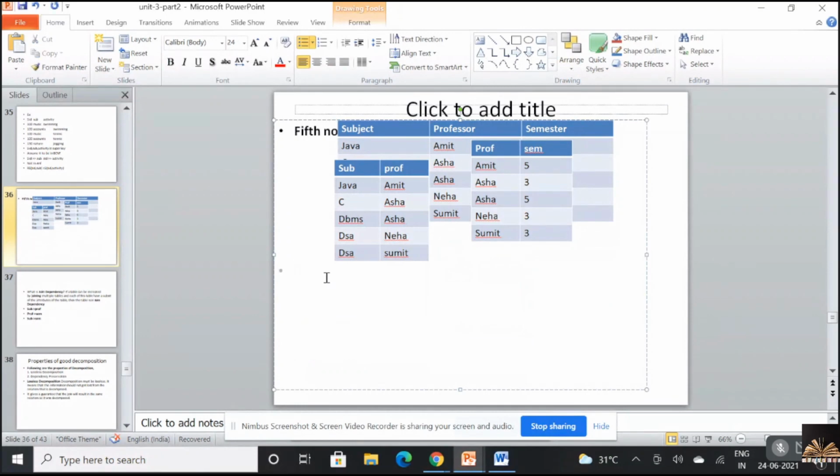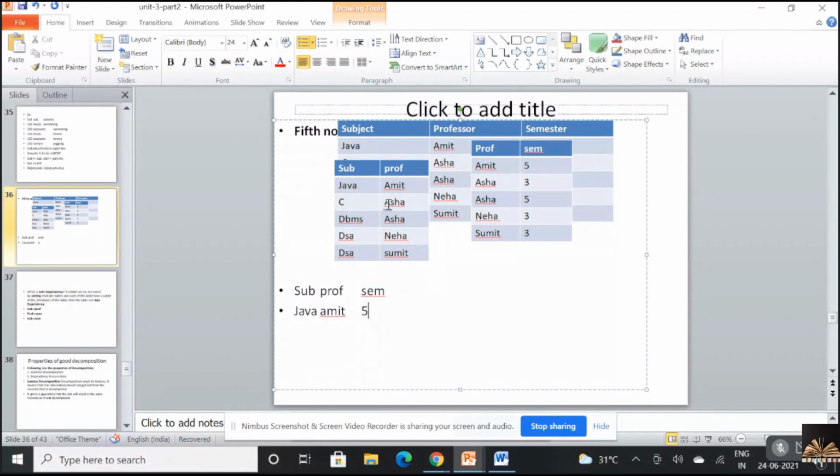Right? Now what I'm trying to do, combine R1 and R2. There I'll be having subject followed by professor followed by semester. Okay. Now see, the common thing is professor. So Amit is collaborating with Amit over here. So Java, Amit, semester is 5.